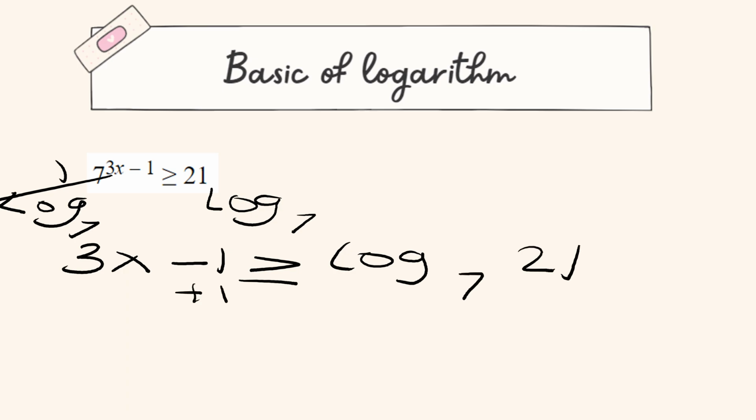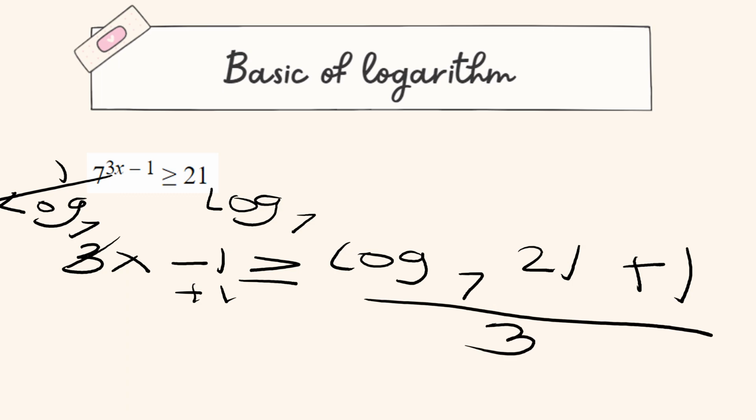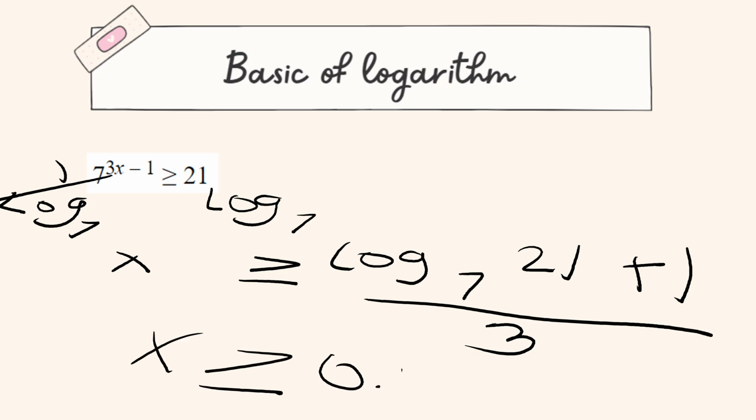And then we can add 1 to both sides, and then divide by 3, which would give us x is greater than or equal to this. And if you put this in your calculator, just give me a minute. It would give you x is greater than or equal to 0.85.